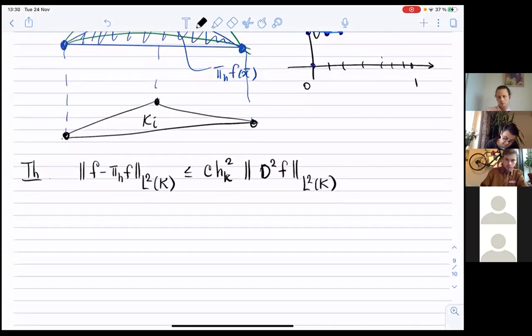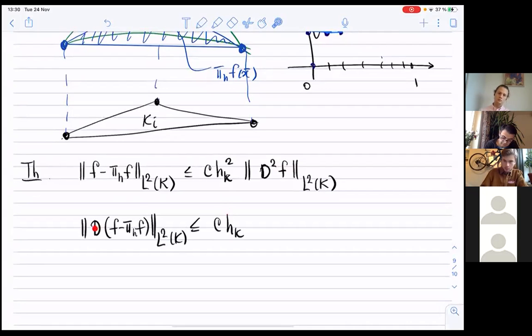And we have, of course, several interpolation estimates. The second one is the derivative of f minus pi h f in L2 on K is less than or equal to C h K. So we don't have any power here. Once you have a derivative, they cancel out with one power. And this is D2 f in L2 on K. As I said, this capital D is a mixed derivative.